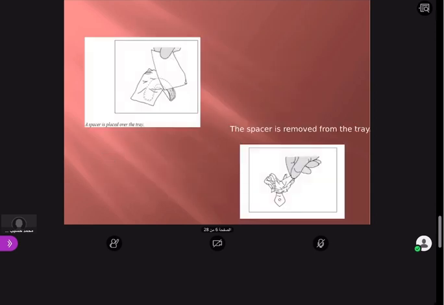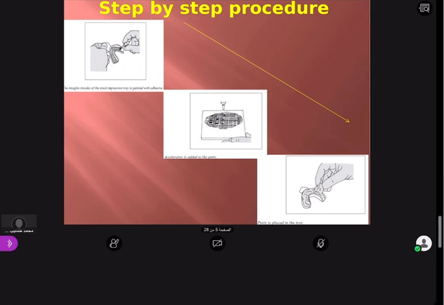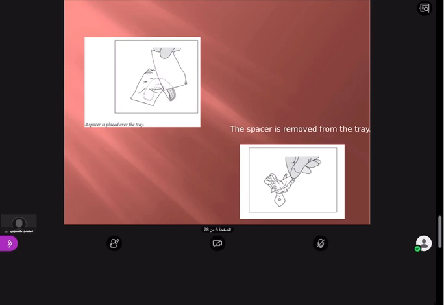Again, I am repeating it. This is called the putty reline technique. The first step is to apply the tray adhesive, then we mix the heavy body putty material. We load the tray with the heavy body putty material, put a spacer over the material, and then insert this loaded tray with spacer in the patient's mouth. When it sets, we remove it from the patient's mouth, then we peel off the spacer.